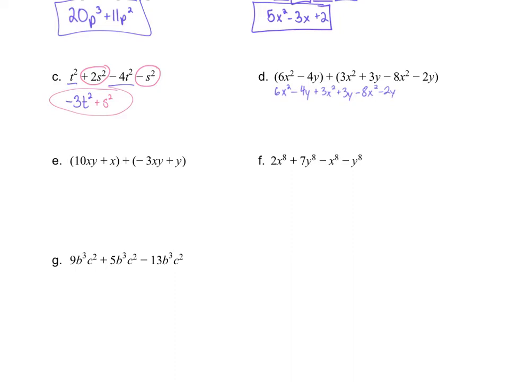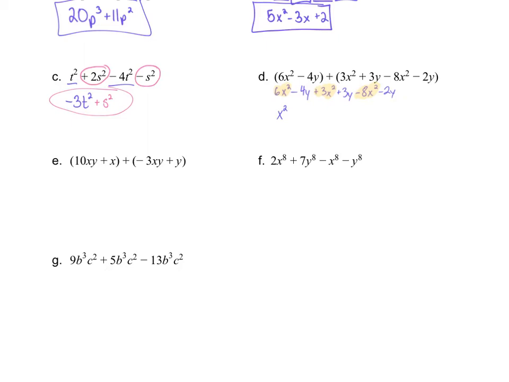All right, so I have two different types of terms here. So let's use our highlighter. I see a 6x squared, a positive 3x squared, and a negative 8x squared. If I combine all of those, I get 1x squared.